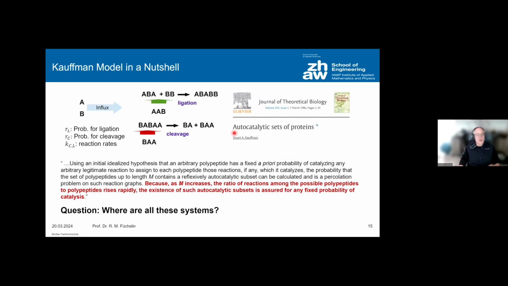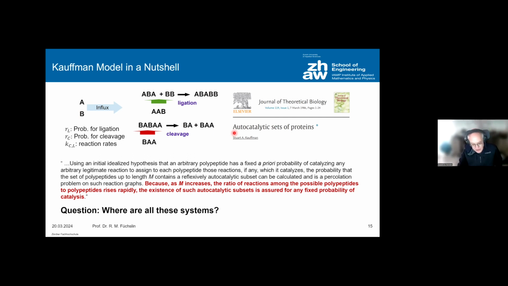Now, what is this good for and what does this have to do with this ACDC project? Well, let's take for an example the, I think, quite well-known Kauffman system. What has Stuart Kauffman found? Well, Stuart Kauffman analyzed polymers that are composed from monomers, which are called either A or B. And depending on their sequence, these monomers can have sequence-specific catalytic abilities, cleavage or ligation of other A-B sequences.